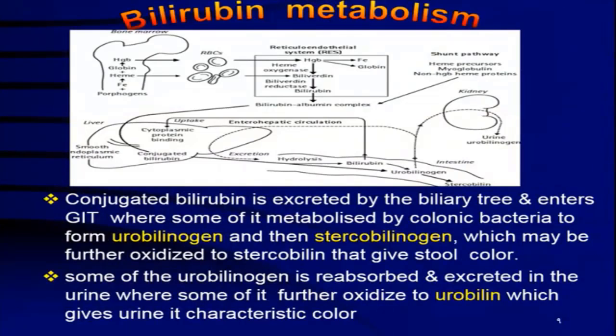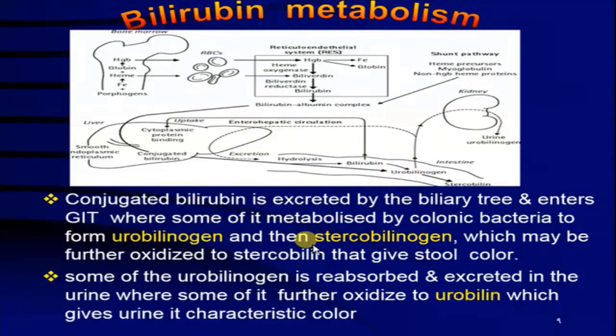Now, the conjugated bilirubin is excreted by the biliary system to enter the GIT, where some of it is metabolized by colonic bacteria, which is the bacterial flora of the colon, to form urobilinogen and then stercobilinogen, which may be further oxidized to stercobilin that gives the stool color.